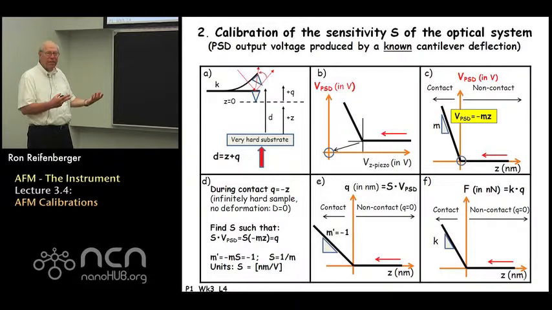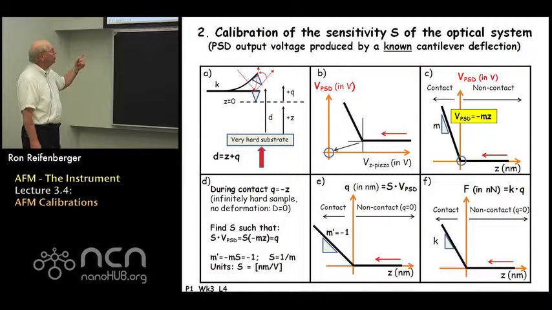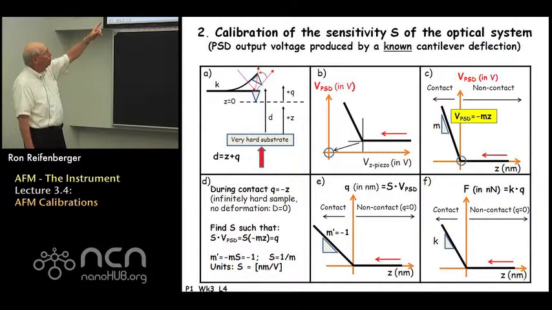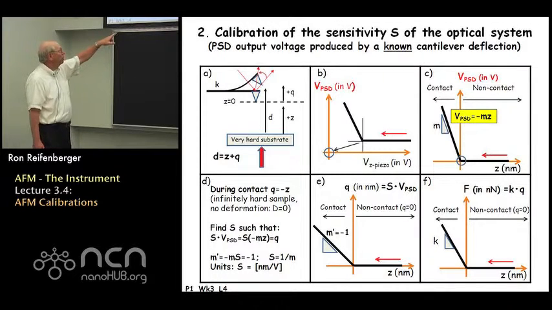What you need to do is turn that voltage into a displacement of the cantilever, Q. The way that's done is by measuring the slope of the curve after the tip makes contact with the substrate, and it's the inverse of that measured slope that gives rise to this parameter called S. This parameter S can then be used to multiply the voltage out of the position sensitive photodiode to actually get a displacement of the cantilever, and that displacement is shown in panel E of this slide.